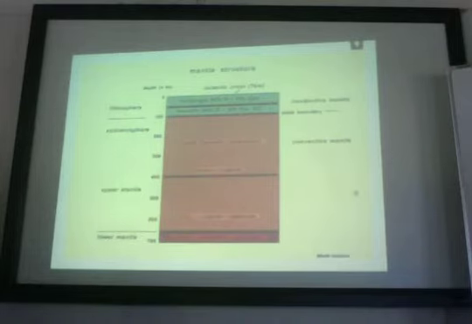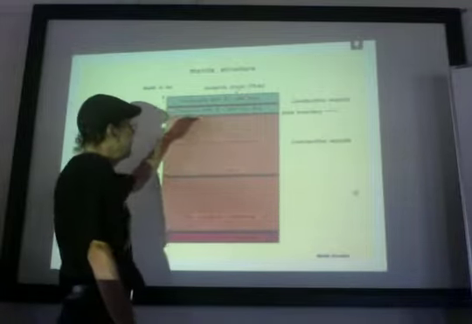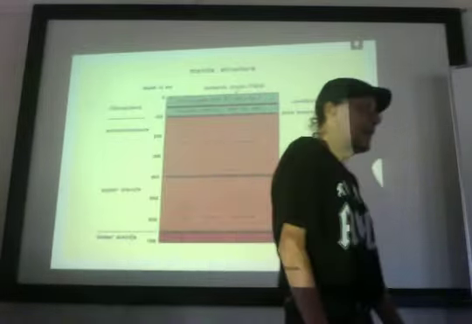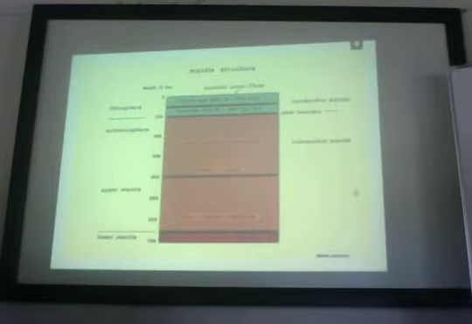The asthenosphere is the convective mantle, and the convective mantle is made up of pyrolite. Pyrolite is a model chemical composition of a rock, because nobody can go there, nobody can drill there.